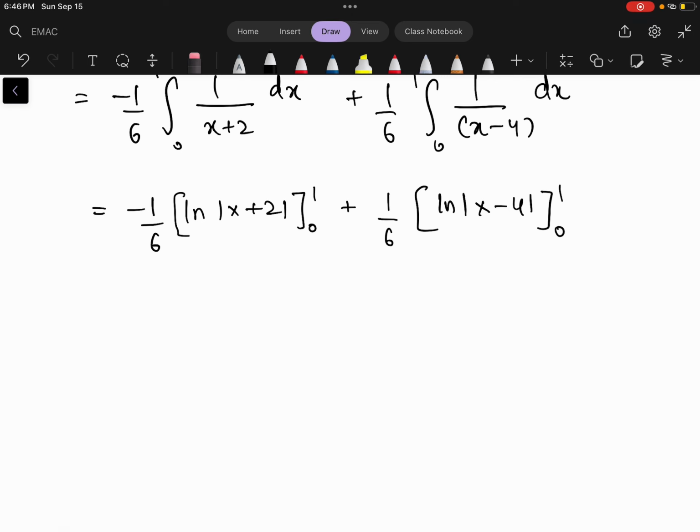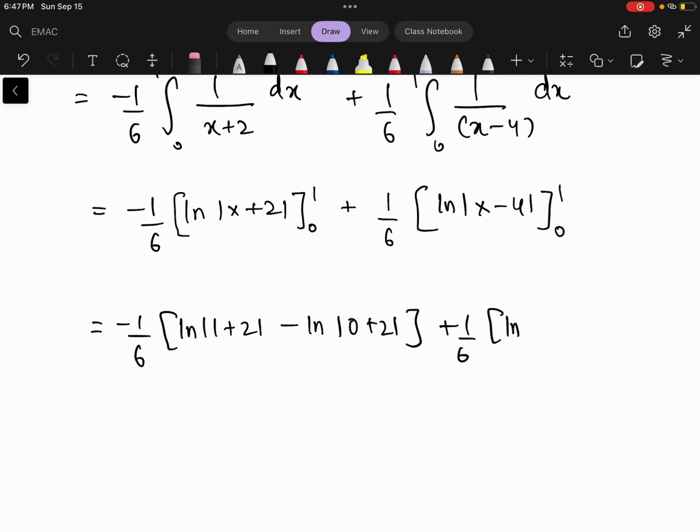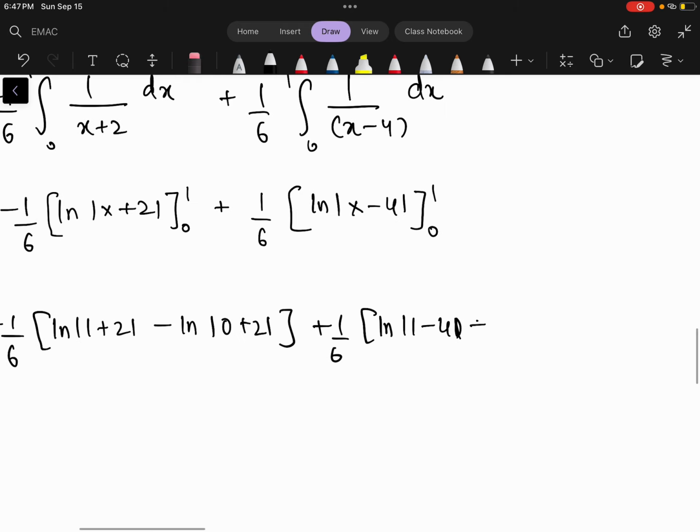So that's negative 1 over 6 into the natural log of 1 plus 2 minus the natural log of 0 plus 2, plus 1 over 6 into the natural log of 1 minus 4 minus the natural log of 0 minus 4.